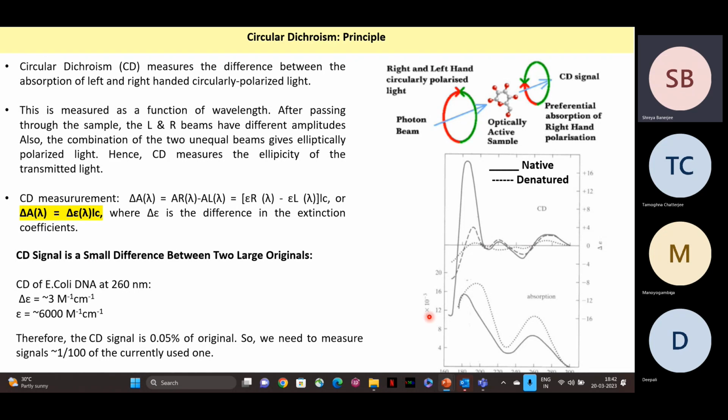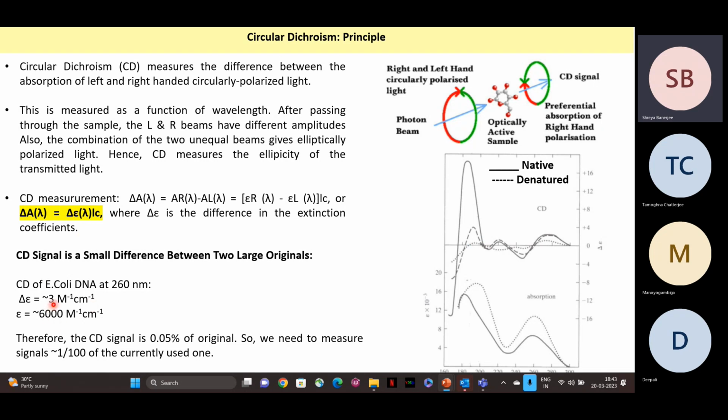If you look at the absorption spectra, which is given in this lower spectrum, the absorption spectra is given in terms of epsilon, or the molar absorptivity, whereas the CD spectra is given in terms of delta epsilon. According to this formula, the CD spectra depends on delta epsilon, and so that is what is plotted.